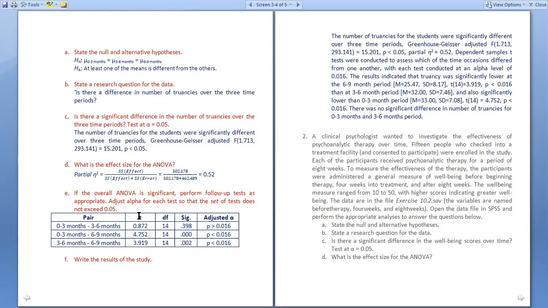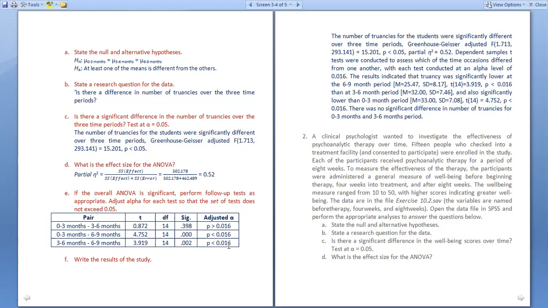So we have ensured that the total of the three, 0.016 plus 0.016 plus 0.016, is just touching 0.05 or a bit less than that. This is the adjustment we have to do when we have three levels.